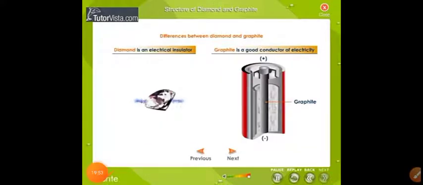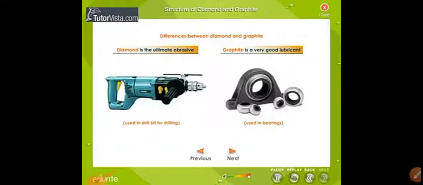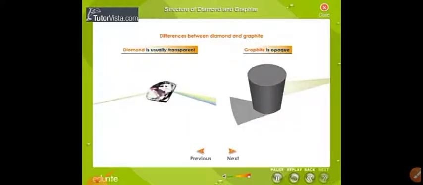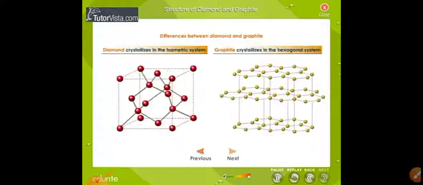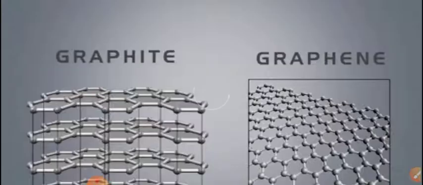So here we can say diamond is an electrical insulator. Diamond is the ultimate abrasive. Diamond is usually transparent. Diamond crystallizes in the isometric system.